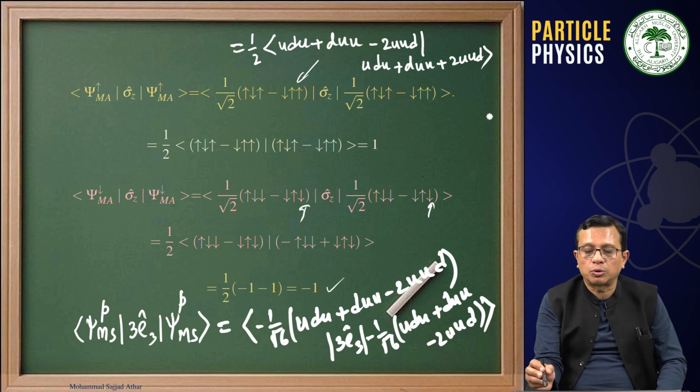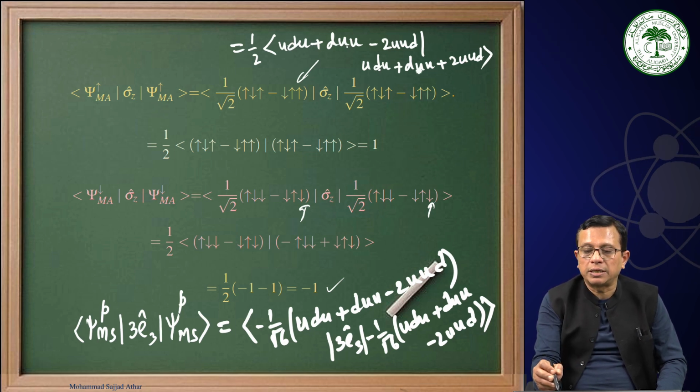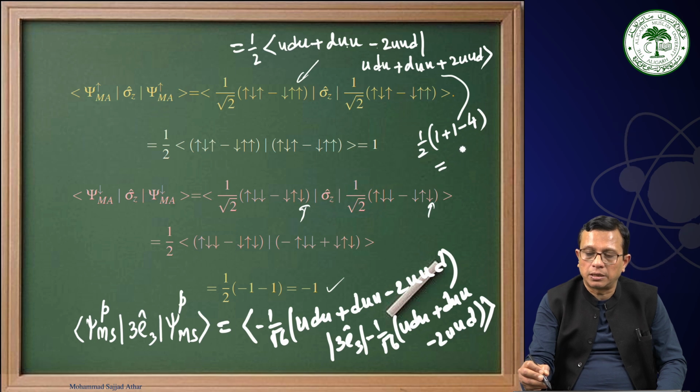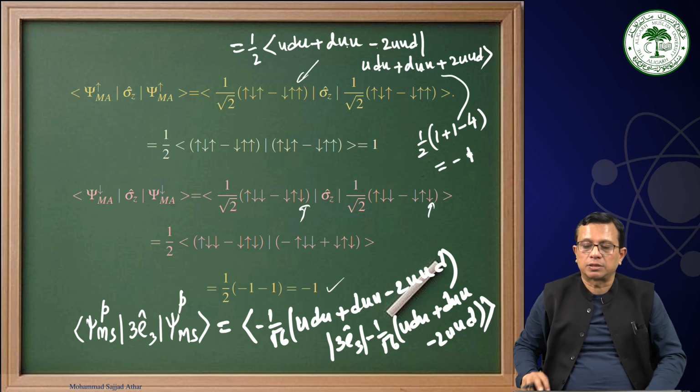And these are orthogonal states. Therefore, this with this will give us 1. This will give us 1, and this will give us minus 4. Therefore, the number that you are going to get here, 1 plus 1 minus 4, will be simply minus 1.